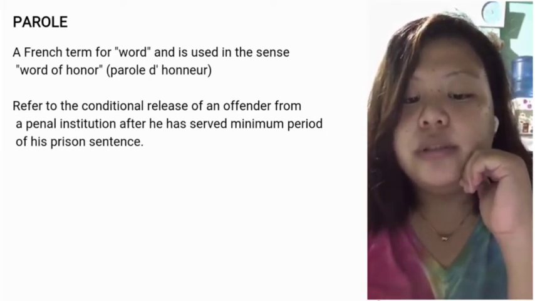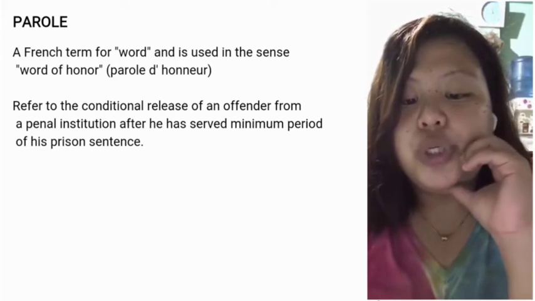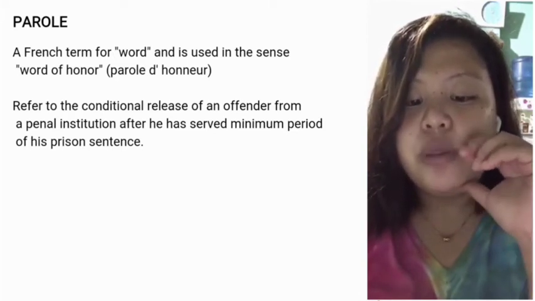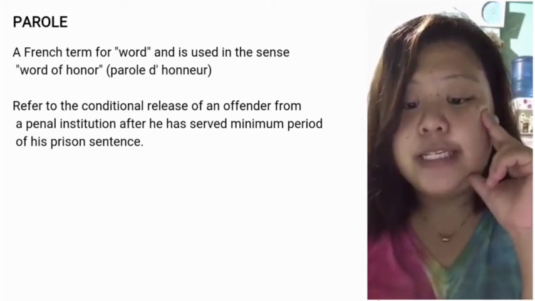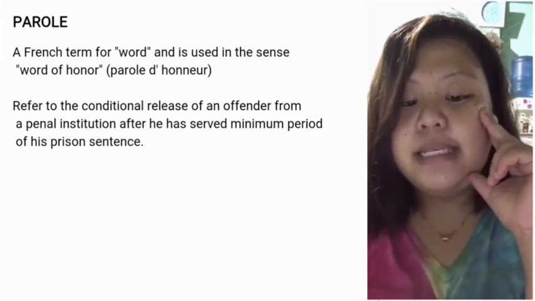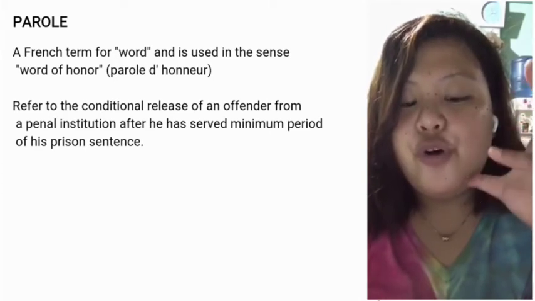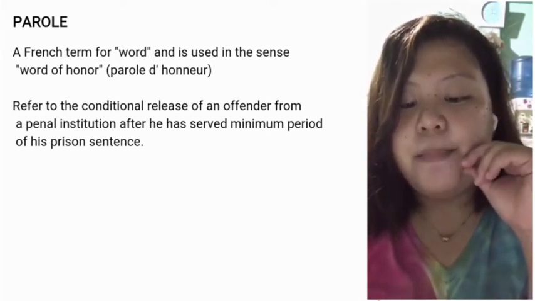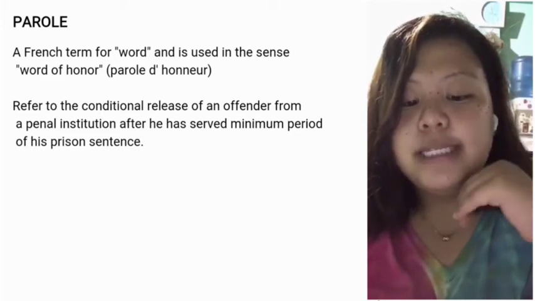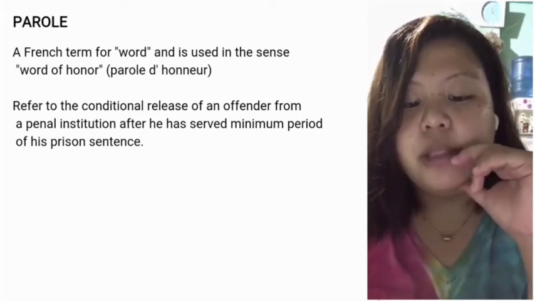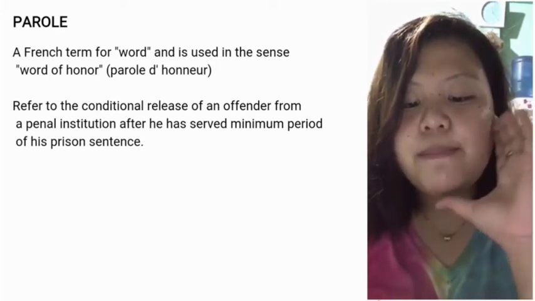So, take note guys that parole is a conditional release of an offender. So, meaning to say, i-release siya from imprisonment sa iyang pagkapriso but without full restoration of his liberty. Meaning, dili siya totally nga laya, dili siya totally gitagaan og full restoration sa iyang freedom, but instead, as a parolee, he is still in the custody of the law, although not in confinement or inside the prison.